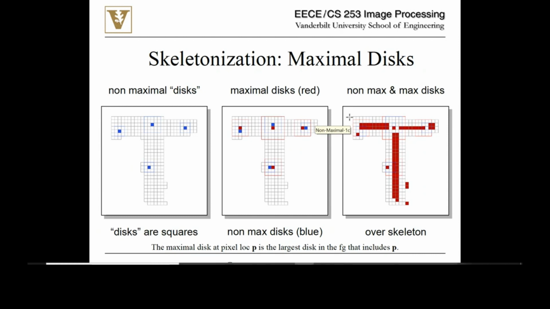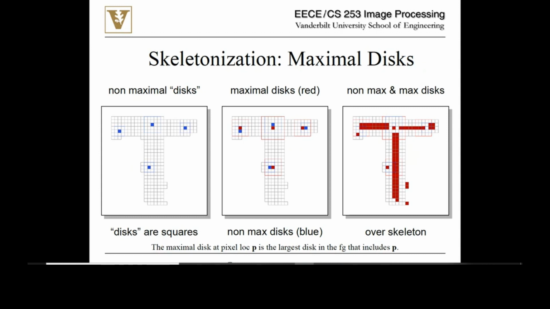And this radius 2 disk, is it maximal? Can I find another disk of radius 3 that contains this one of radius 2? I cannot, because if I construct a disk of radius 3, I go out of my object. Okay, and the same happens everywhere. So I have explained with this one, but for all the others, if you try to find a bigger disk, you go out of the object. So these red disks, they are maximal. The blue ones, they are not maximal.